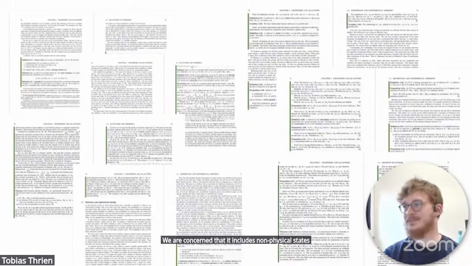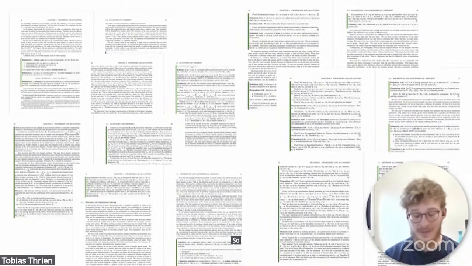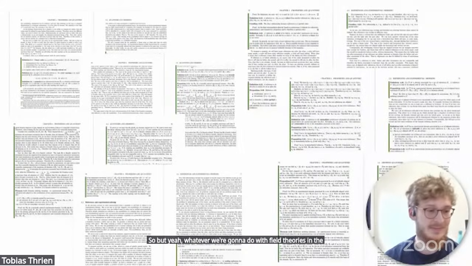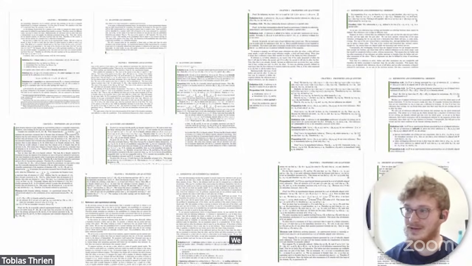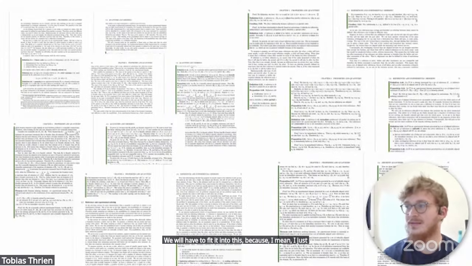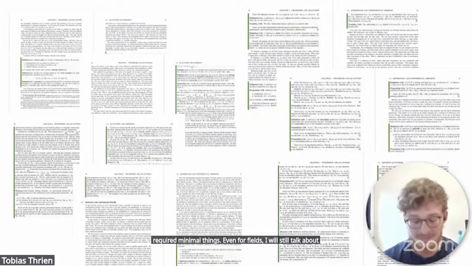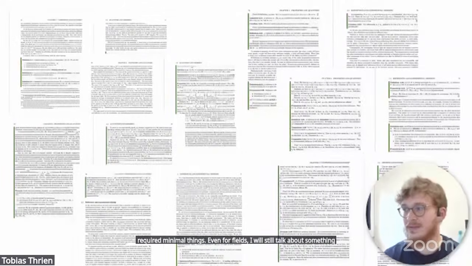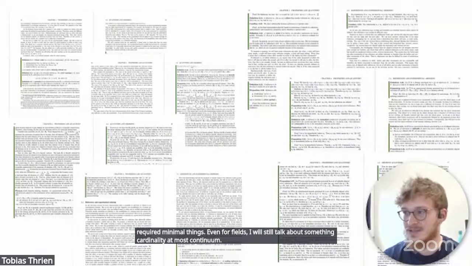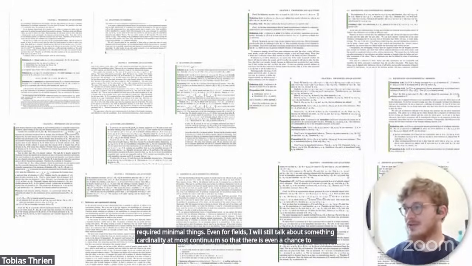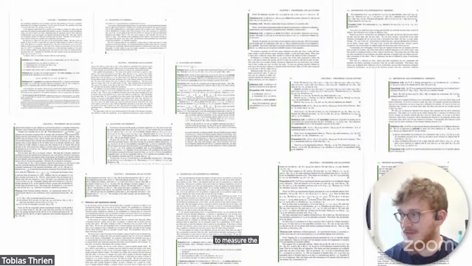But whatever we're going to do with field theories in the future, we will have to fit it into this, because I just said required minimal things. Even for fields, I will still talk about something of cardinality at most continuum, so that there is even a chance to measure, to determine the state of the field.